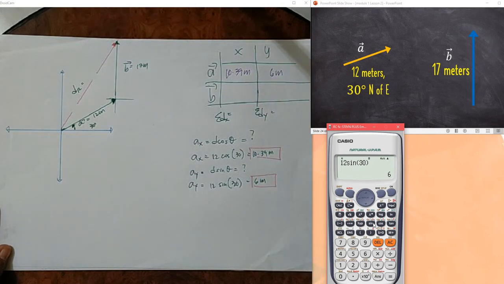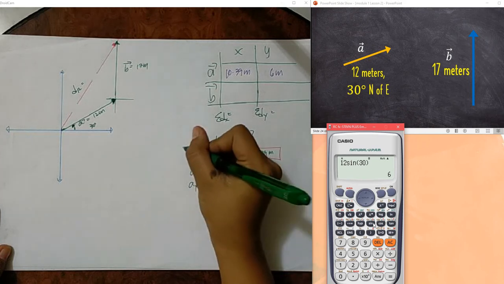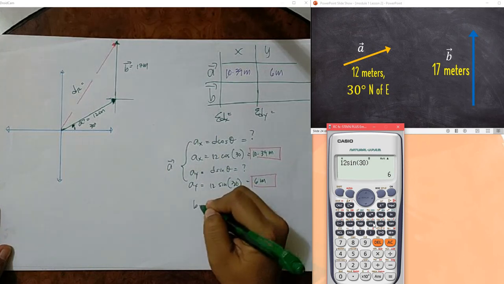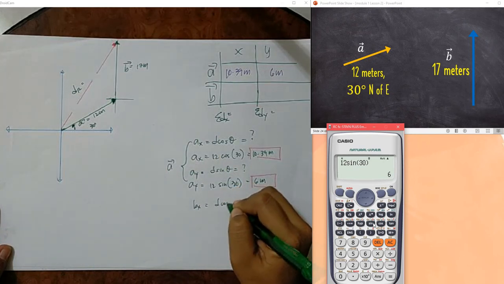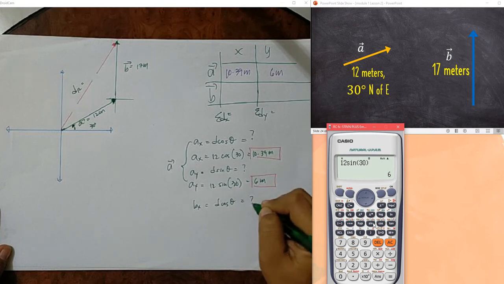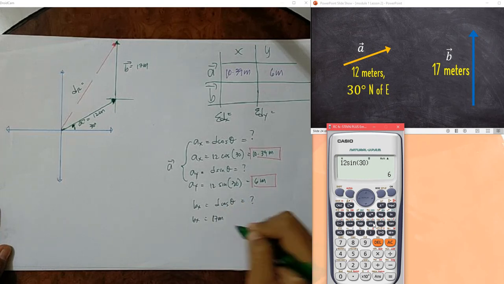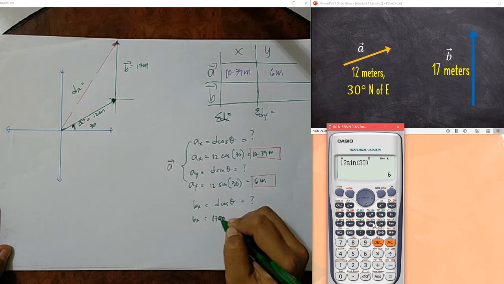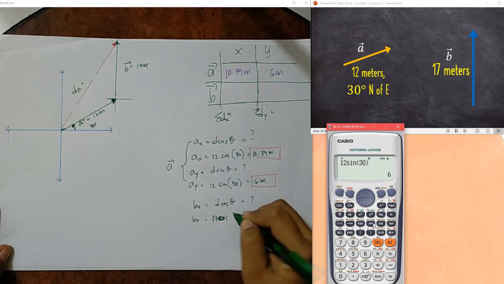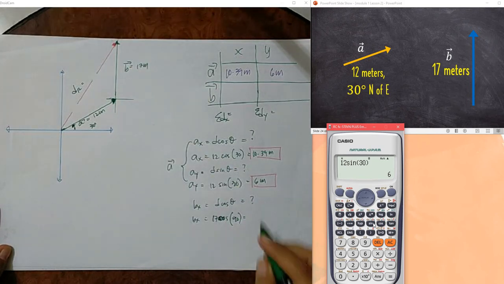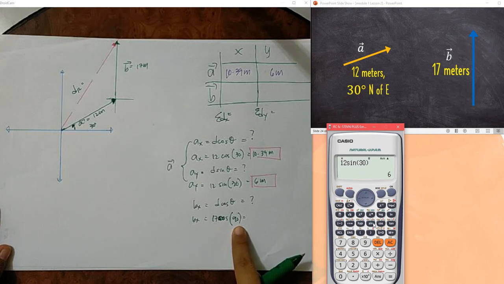Now let's go to our vector B. For vector B, we have B sub x equals d cosine theta. So B sub x here, we have 17 meters cosine. So this is directed north. We have 90 degrees. So cosine 90 is equal to 0.